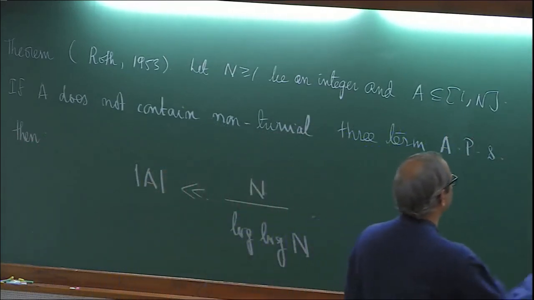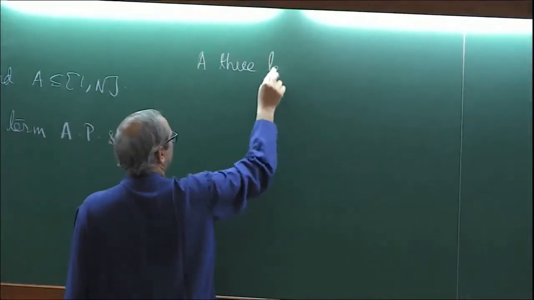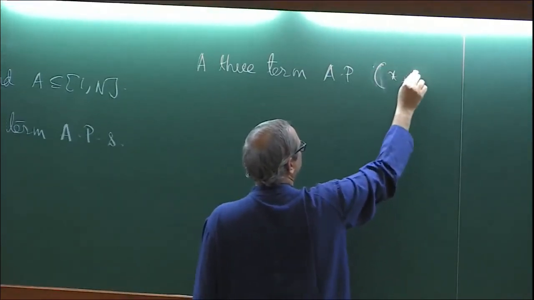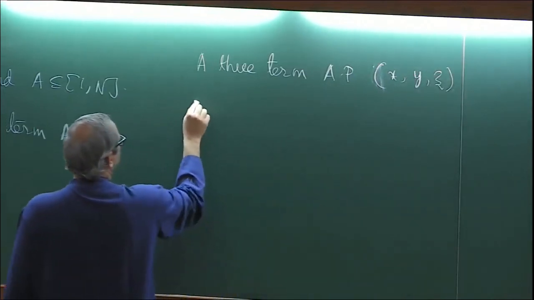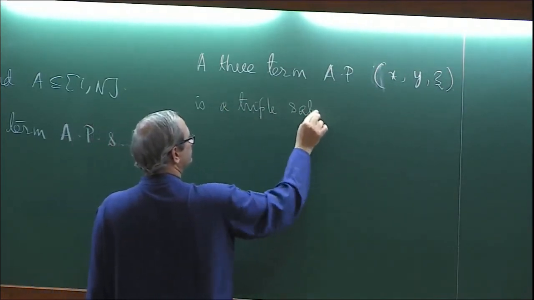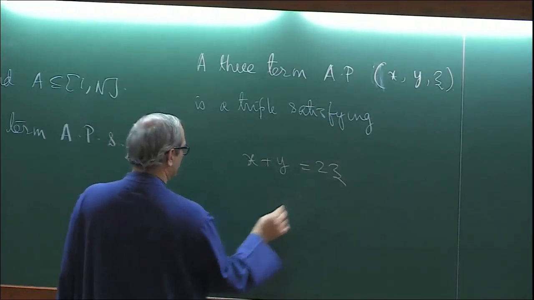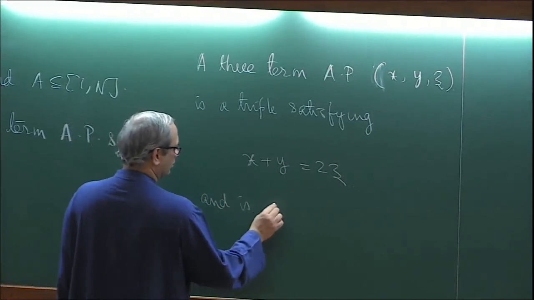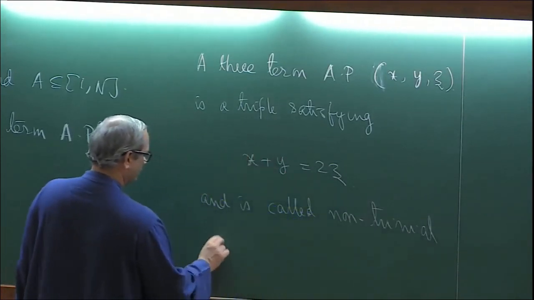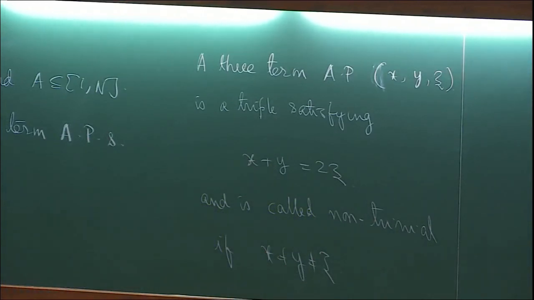Okay, and to just recall that a three-term AP, x, y, z, say, it should be a triple satisfying x plus y equal to z and is called non-trivial if x, y, z are all distinct. Okay, so this is a three-term AP, and this is the statement.